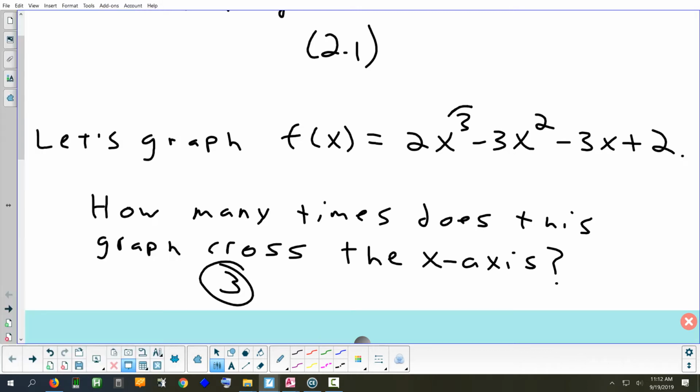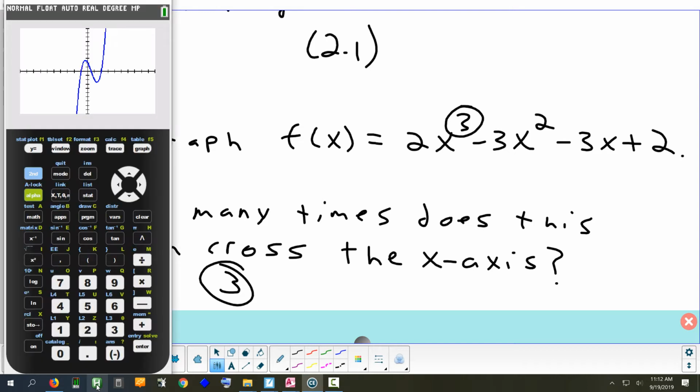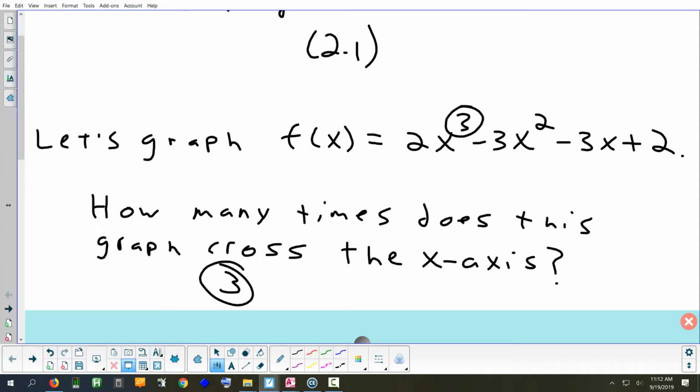Because remember, this highest exponent, if you subtract 1 from it, tells you how many times it can turn. So this graph can turn twice. You can see both turns. There's 1, there's 2. So it's not going to turn again off the screen. Any questions on that? So it crosses 3 times.